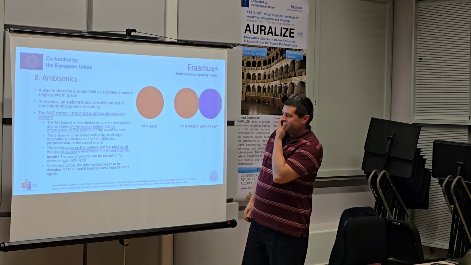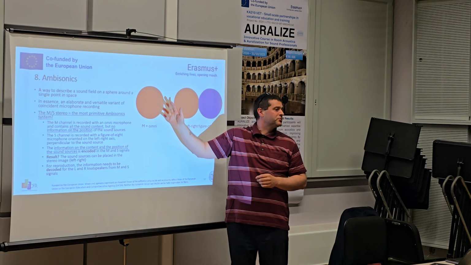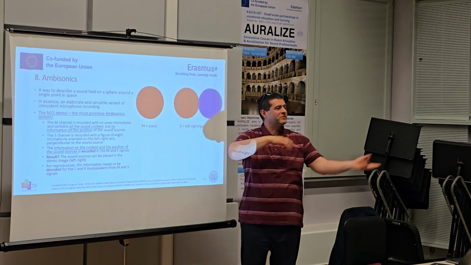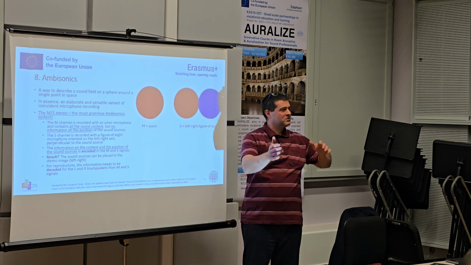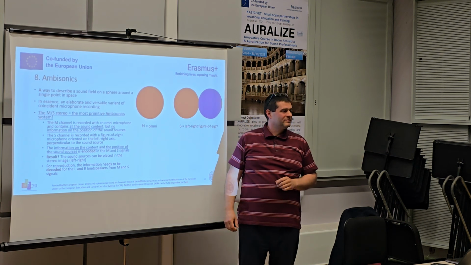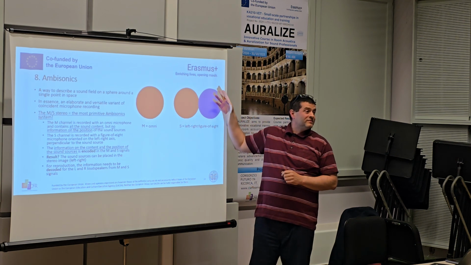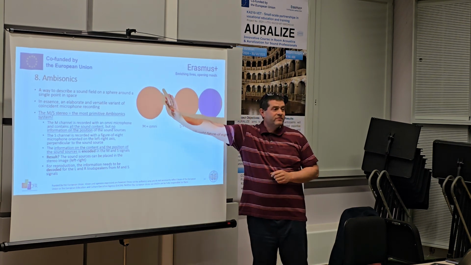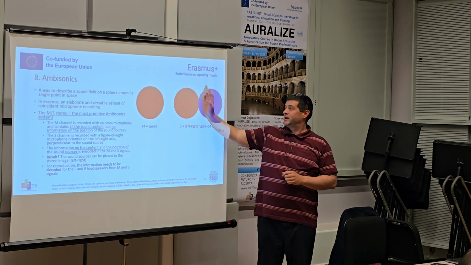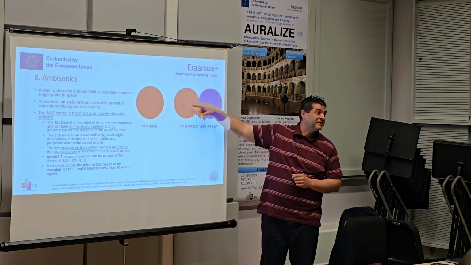So what did we have there? As you remember, we had an M channel, an omnidirectional mic. It records everything from everywhere, but no direction. So you collect all sound, but you don't know where it's coming from. To know where it's coming from, you add an S channel. Why is it in two colors? Just to say, everything from the left is positive, everything from the right is negative. So it has two lobes. These are actually in 3D.